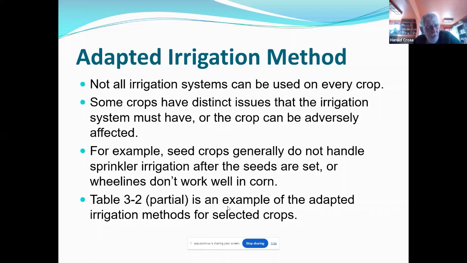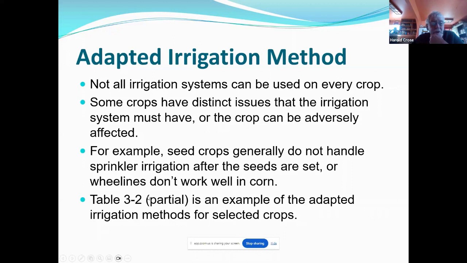That moisture on the plant surface coupled with temperature is a prescription for disease problems, which would require more crop protectants, pesticides, and stuff to affect that. So the more we can get the water close to the ground and on the soil surface and not wetting the canopy of the crop, the better we are. And for example, seed crops generally need to handle sprinkler irrigation.